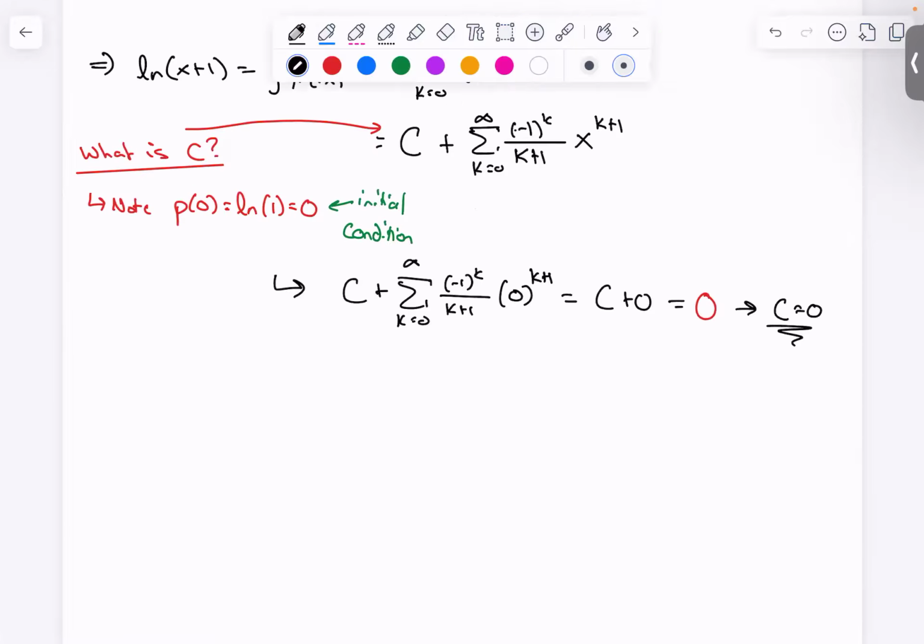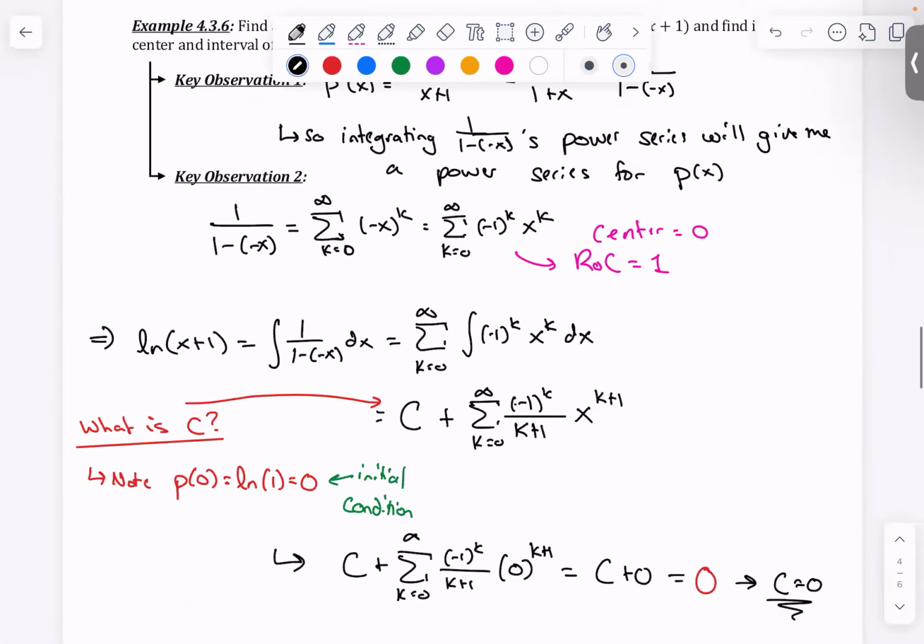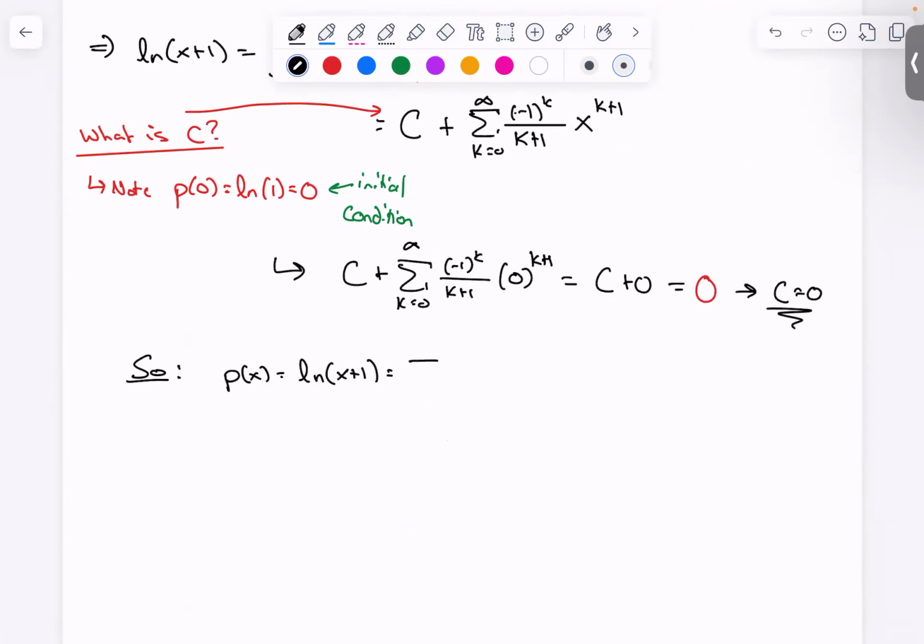So P of x, which is equal to the natural log of x plus 1, is equal to the series from k equals 0 to infinity of -1 to the k over k plus 1 times x to the k plus 1, which we could re-index if we wanted to make it prettier.